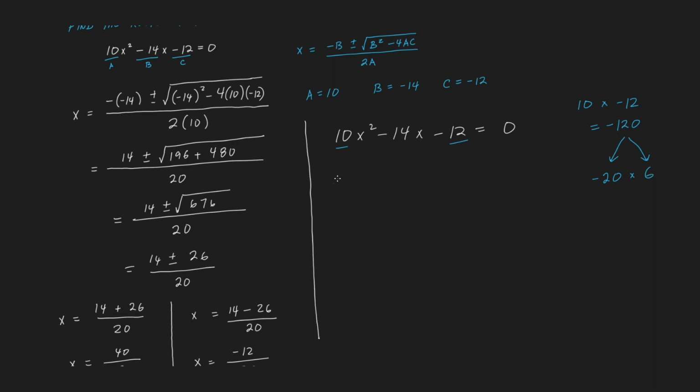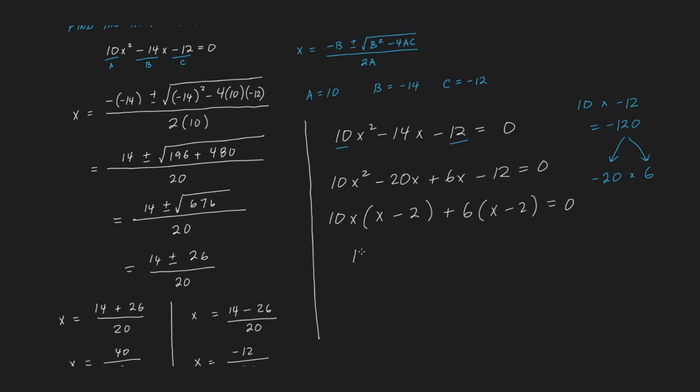Here I'm going to write the equation all over again, but this time I'm going to split the negative 14 into minus 20x plus 6x, and then just copy the minus 12 and the equal to 0. Here we factor out their greatest common factor, which is 10x. So this is going to be x minus 2, and the other one is 6x minus 2, equal to 0.